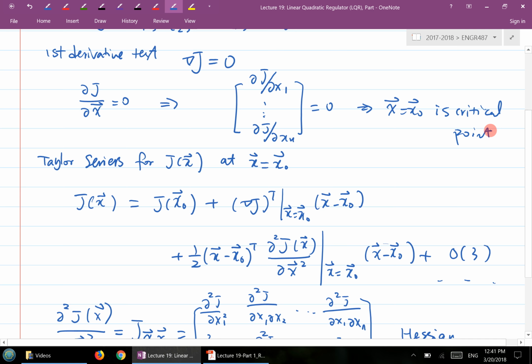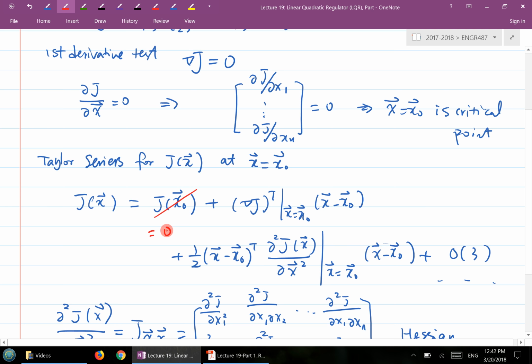Then you look at the Taylor series expansion. If this is a critical point, the first term must be what? 0, right? Must be 0, because you're at the critical point.